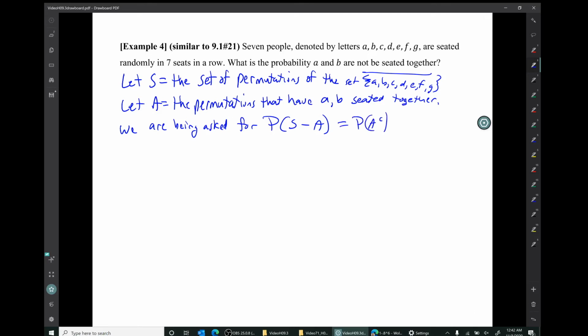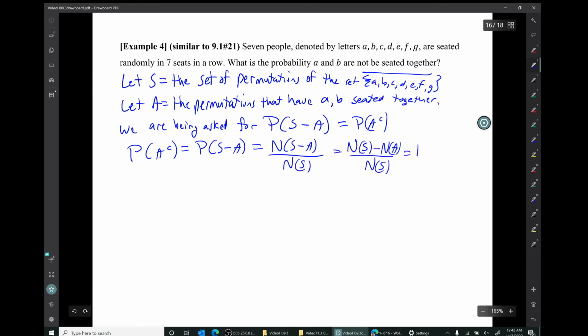And we can use the complement rule. So we need to count the number of permutations of the set, and then count the number of permutations that have A and B seated together. That's set A. And then we need to construct this quantity, and that'll be our probability.